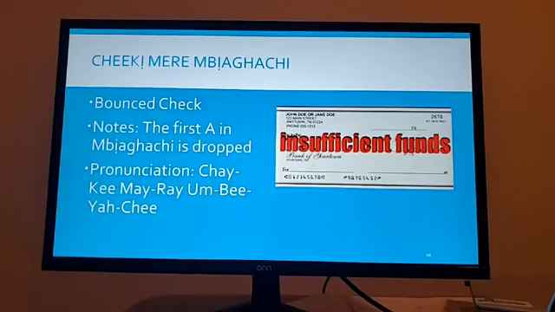All right, bounce check. When you're saying bounce check, you're really saying the check that came back, literally. We say the same thing in America, of course. A check that comes back to the bank is a bounce check. It's made up of three words: Chay-Kee, Ee-Ree, Um-Bee-Yah-Chee, which means bounce check.